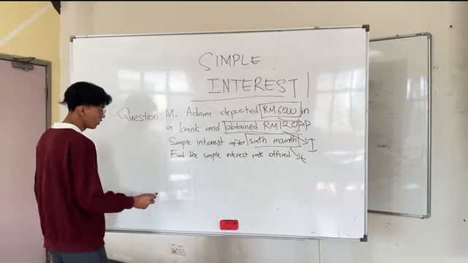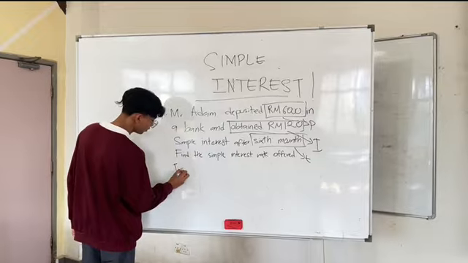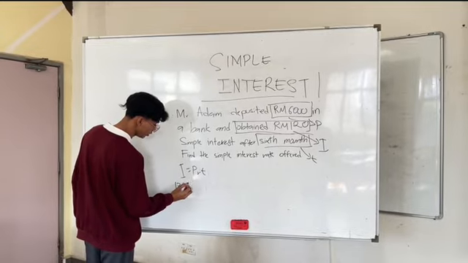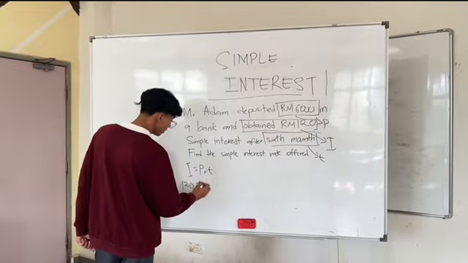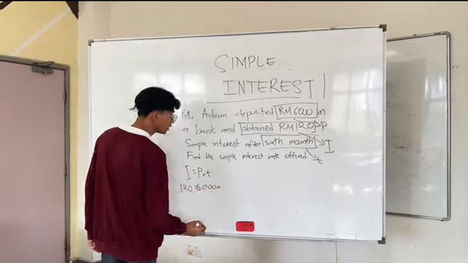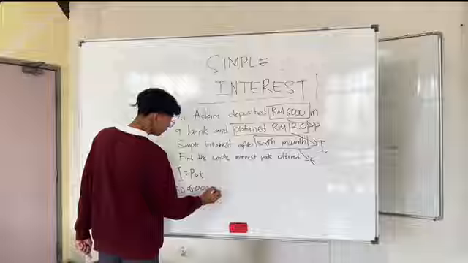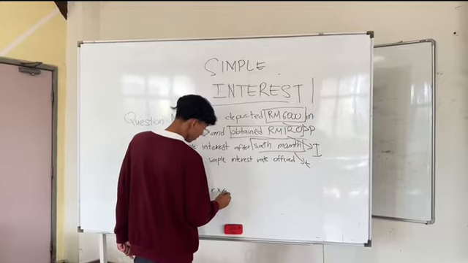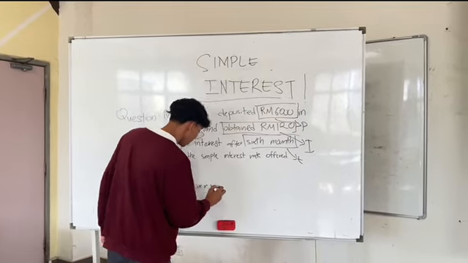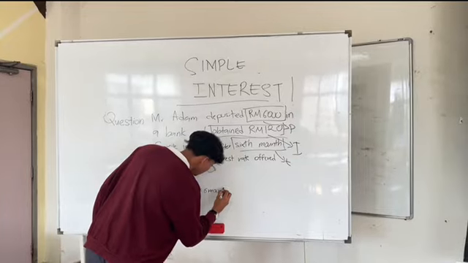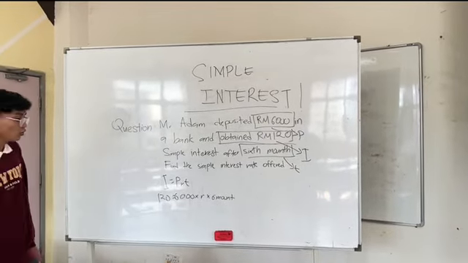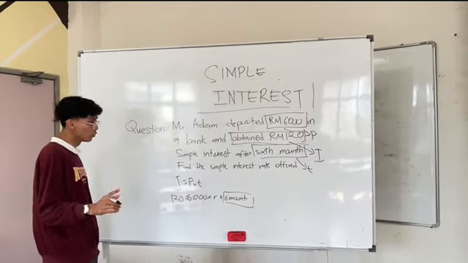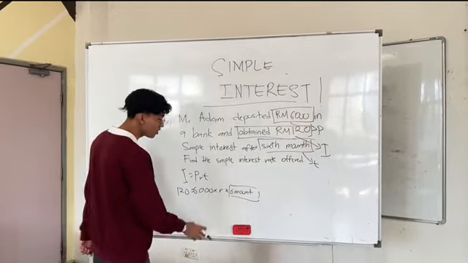So look at the formula. I equals PRT. I is 120 equals P, 6,000, times R. R isn't given, so R times T. T is 6 months.